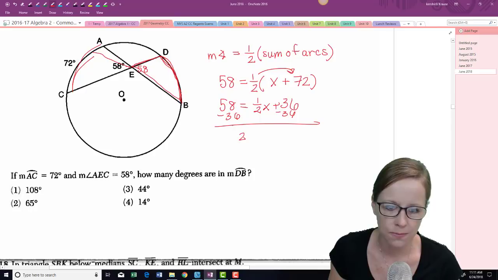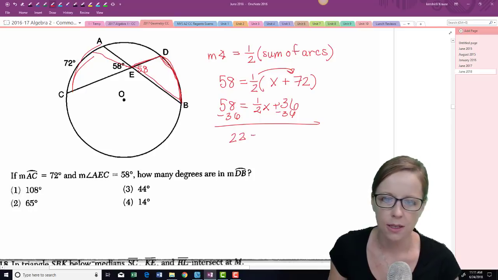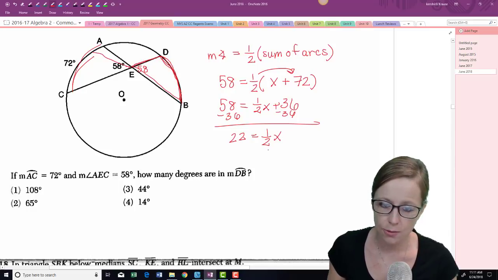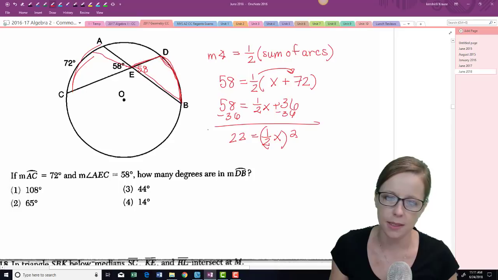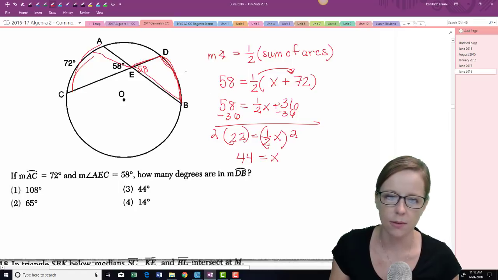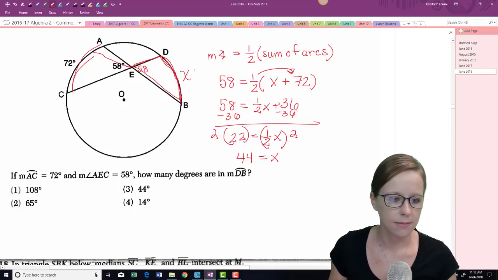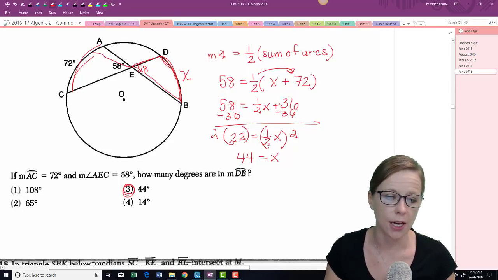What's that? 22. Okay, 22 equals 1/2 x. And then to get rid of a 1/2, you either divide by half or you multiply by 2. That means the same thing. So you get 44 is equal to the arc that we called x. That is choice 3.